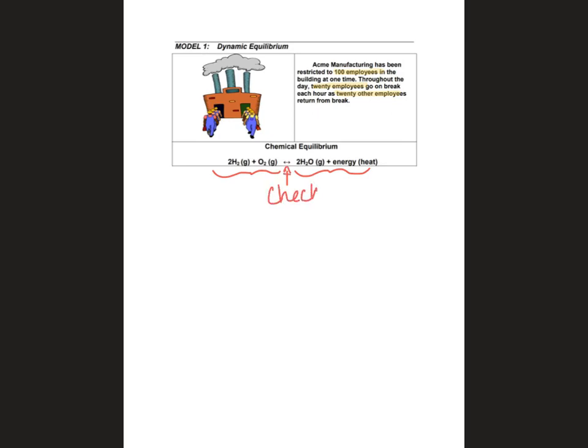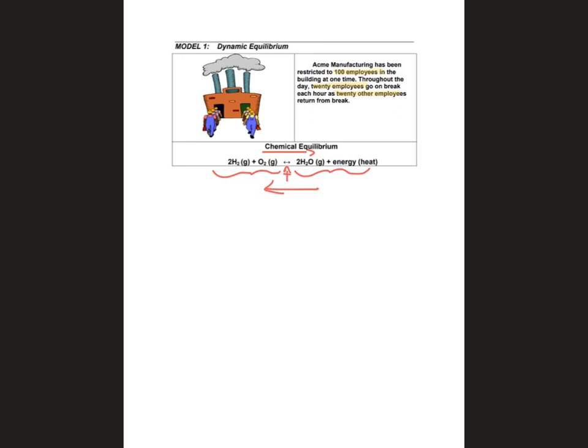Okay, so that's where they're checking in and out. All right, so if they're heading off to break, it's the forward reaction. If they are coming back from break, it's the reverse reaction. So heading to break is forward reaction, and heading back from break is the reverse reaction.